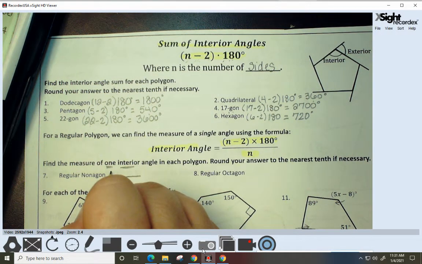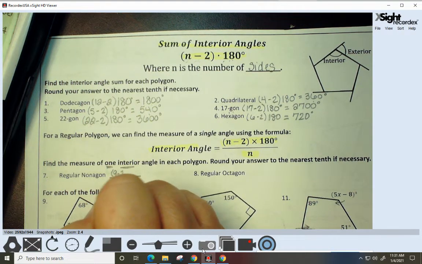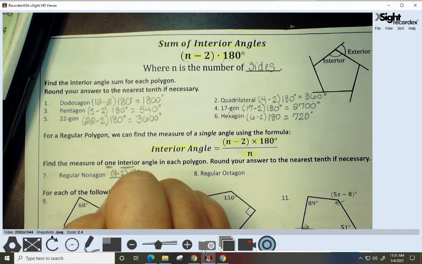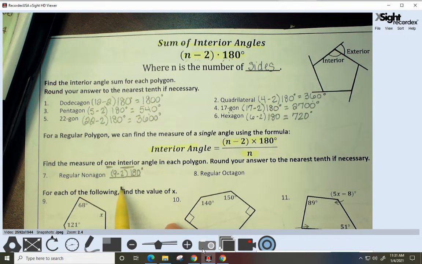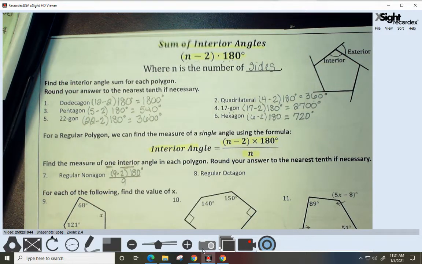So we've got a nonagon, that's 9 minus 2 times 180. Then we take that answer and divide it by the number of sides. How many sides does a nonagon have? 9.